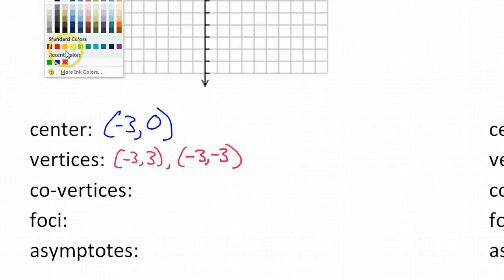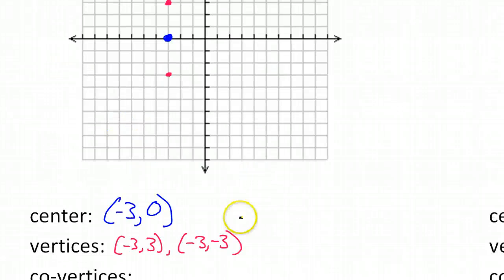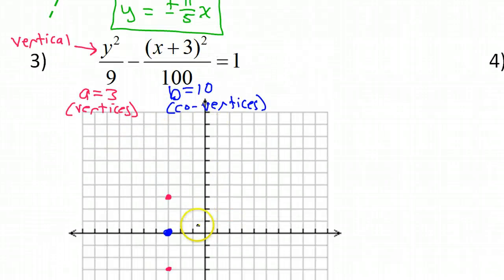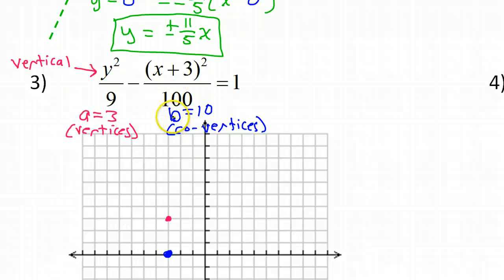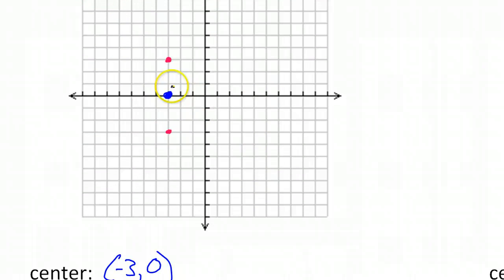Now my co-vertices. My co-vertices, I will have to go 10 in the x direction because the b value was with the x's. So I will go 10 to the left and right. 1, 2, 3, 4, 5, 6, 7, 8, 9, 10. So 7, 8, 9, 10 would be about there.